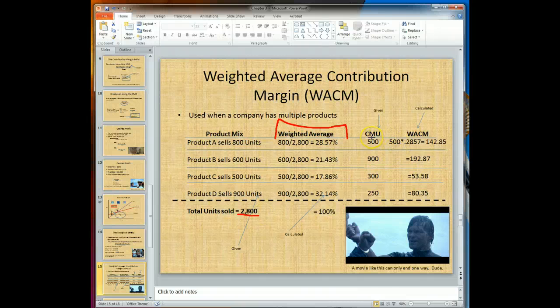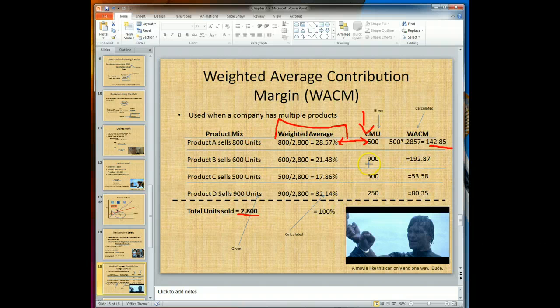Piece of cake. Now your CMU, remember each company is going to have their own contribution margin per unit. They've gotten that, or each product at least, by taking their sales price minus their variable cost per unit. If you take the contribution margin per unit and multiply it by the weighted average of their sales mix, you're going to end up with a weighted average contribution margin.